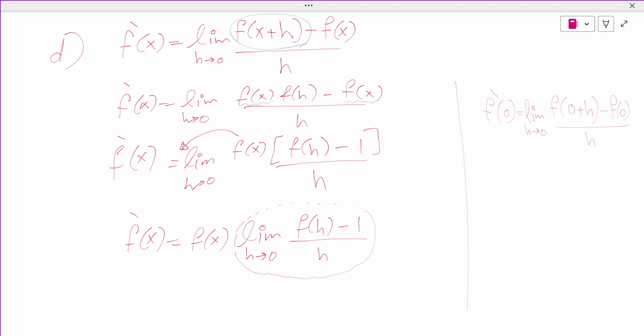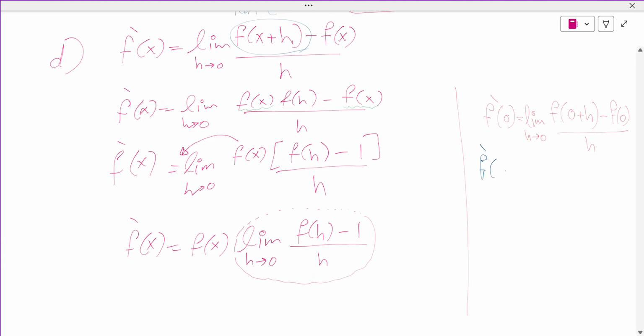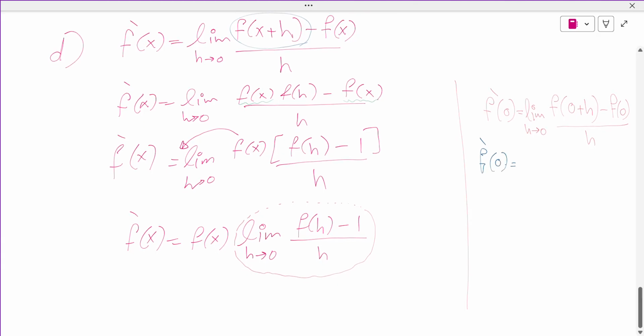This is again the formal definition of the derivative, but at x equals 0. Now we can simplify a little bit by saying that f prime of 0 equals the limit of, what is this f of 0 plus h? It's f of h minus f of 0. F of 0, it's 1, we found it in part A, over h as h approaches 0.